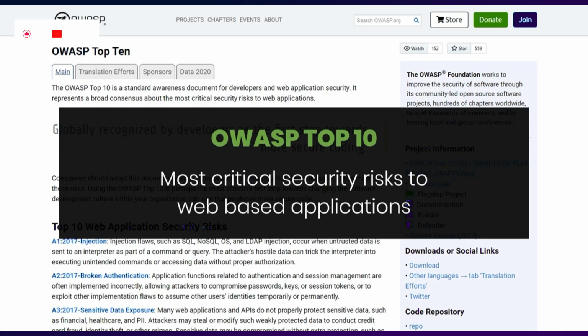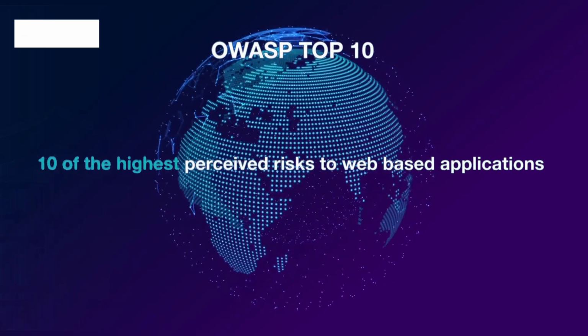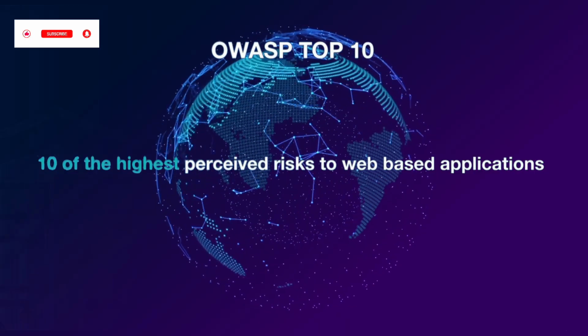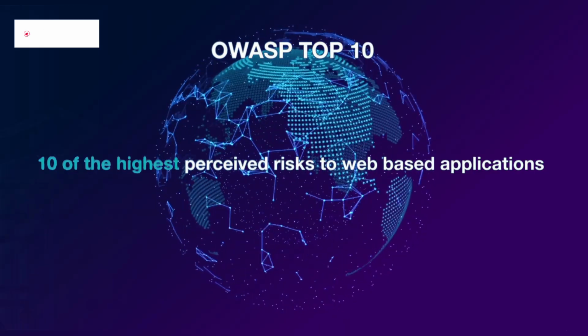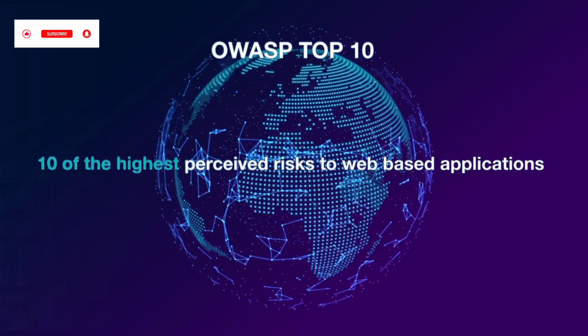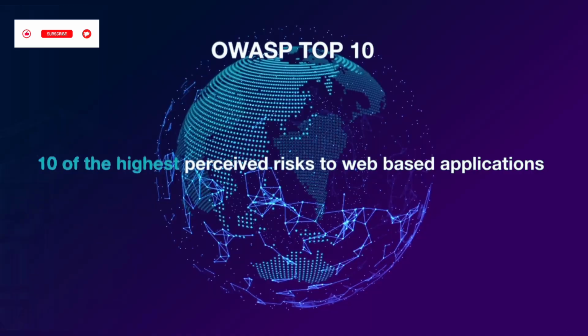Now, the OWASP Top 10 are the 10 highest perceived risks to web-based applications, and they are ranked based on industry feedback and mapping to the MITRE Common Weakness Enumeration. The CWEs are derived from all that industry feedback, and these are the common software and hardware weaknesses within various components.